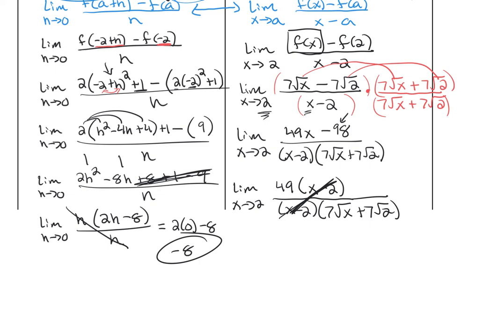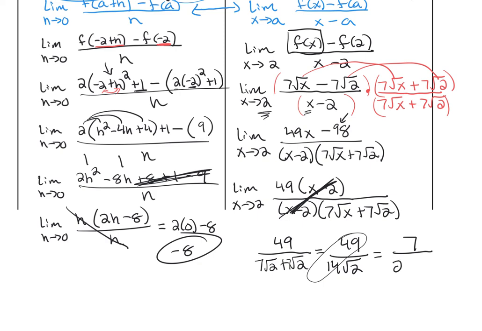So then I can plug in 49 over 7 square root 2 plus 7 square root 2. So 49 over 14 square roots of 2. And then I can divide those both by 7. So I'll have 7 over 2 square roots of 2.